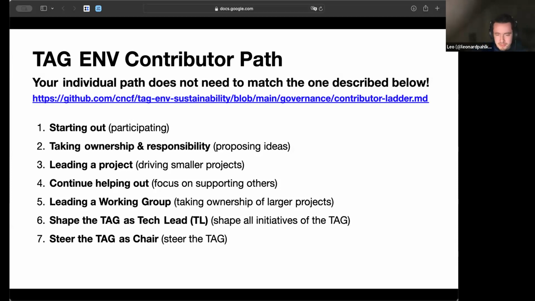And then if you would like to be more active, maybe take ownership on something, you can propose ideas, you can open up issues, you can drop comments in Slack. You can just pick up an issue that has, for example, a help needed label or something, and say, I would like to help on this issue.